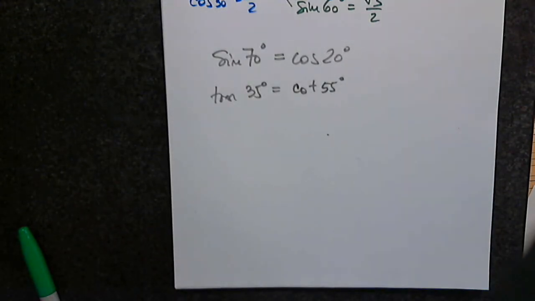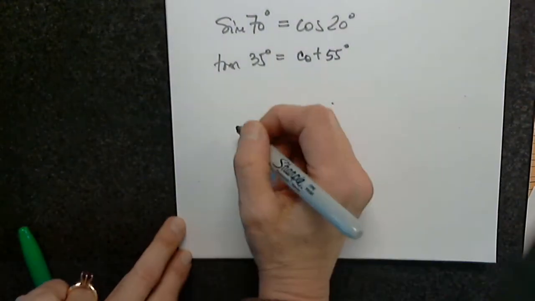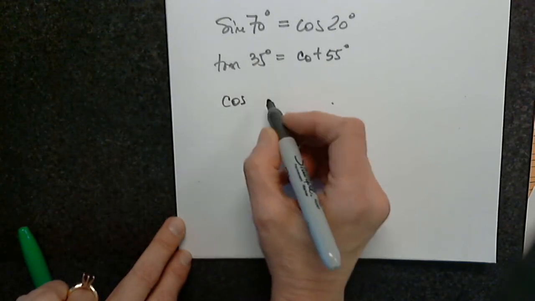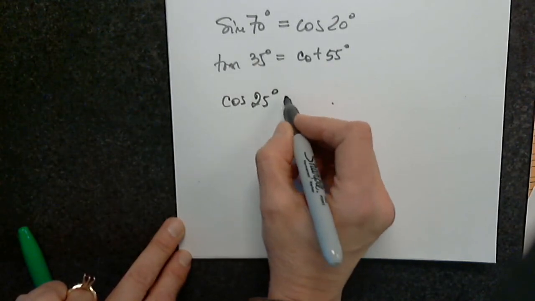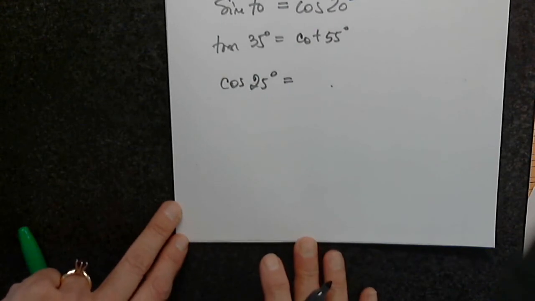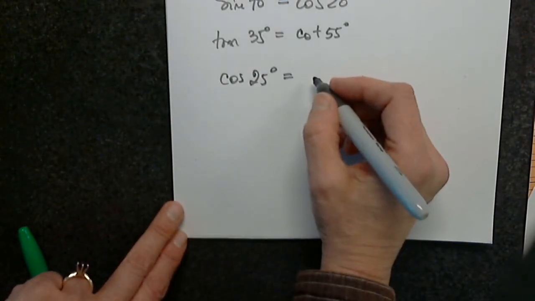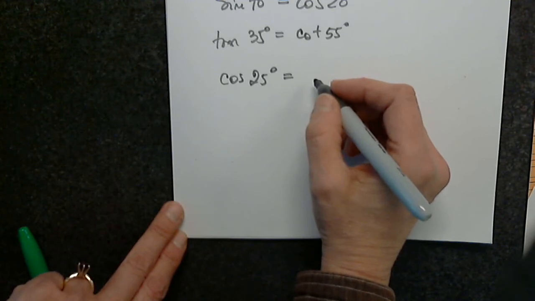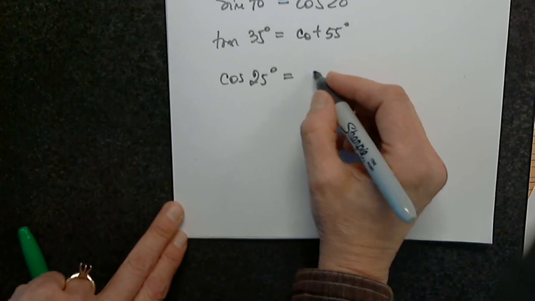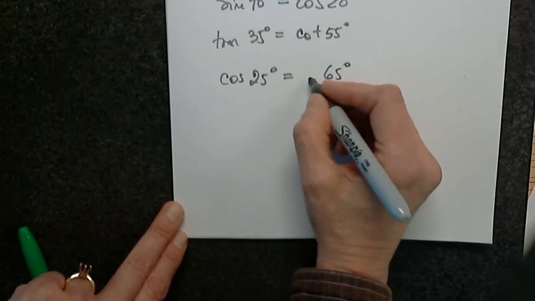Correct. Very good. What about cosine 25 degrees? Yes, but what? Oh, sine.